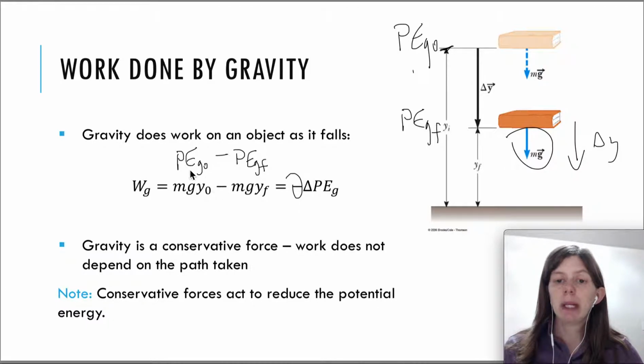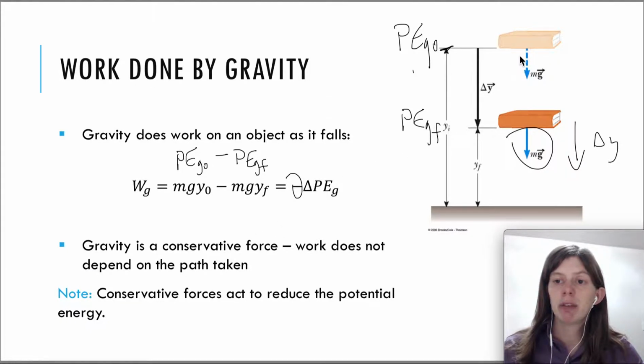So why do we care about this equation? Well, it lets us talk very briefly about this topic of conservative force, which will come up again if you take physics 2. So gravity is this special type of force called a conservative force. That means that it doesn't depend on the path taken.